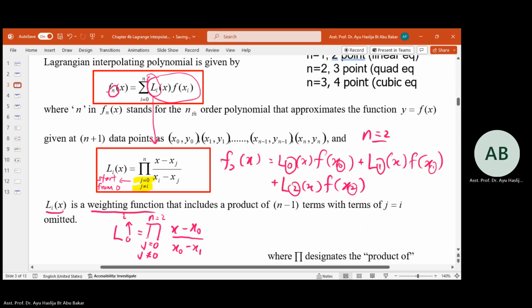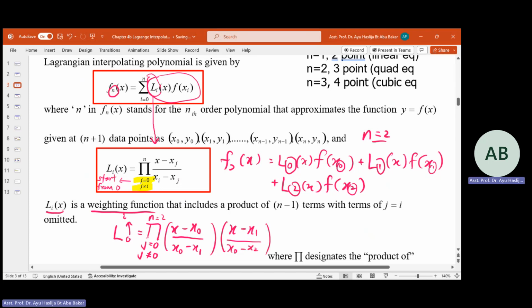Now here we have n equals 2, so you will have another one: x minus x1, and x0 minus x2.